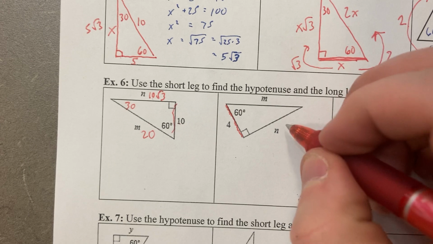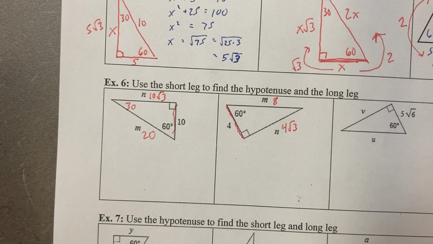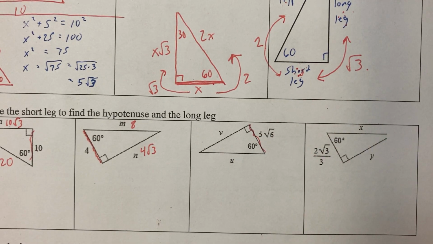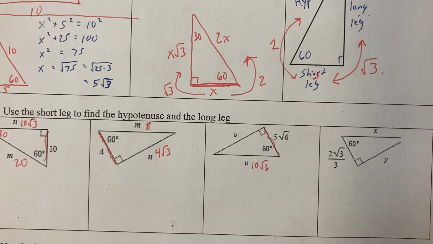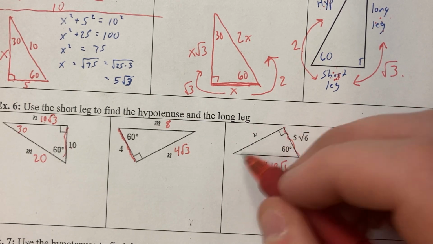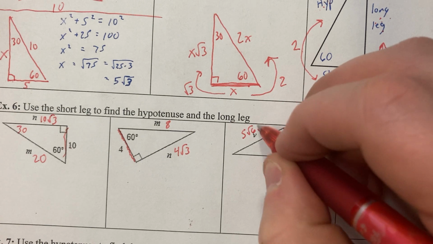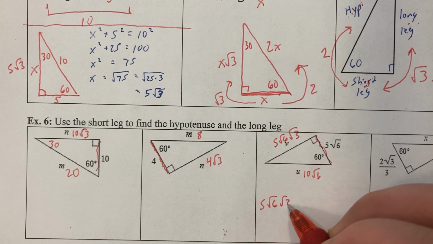So very quickly, long leg, root 3, hypotenuse, double, done. That's it. All done. Over here, short leg, 5 root 6, hypotenuse, doubled, 10 root 6. Long leg gets a root 3. So we get a 5 root 6, and it gets a root 3. But what is that? What is 5 root 6 root 3?